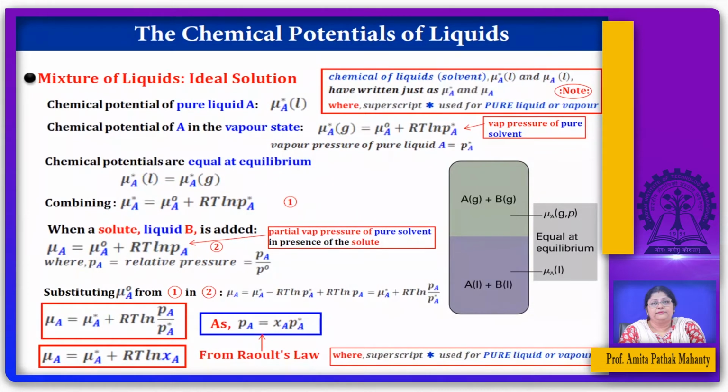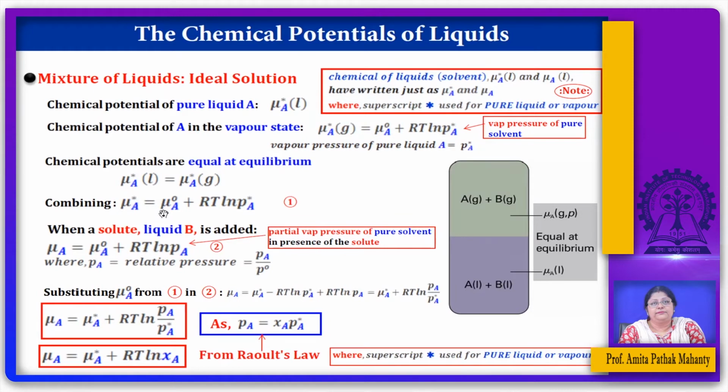Now I have to find out the chemical potential after I add the liquid. So how do I do that? I now substitute what is mu naught from the pure state. So mu naught A is going to be mu star A minus RT ln P star A. This is what I have written.